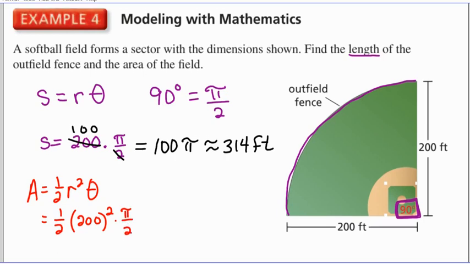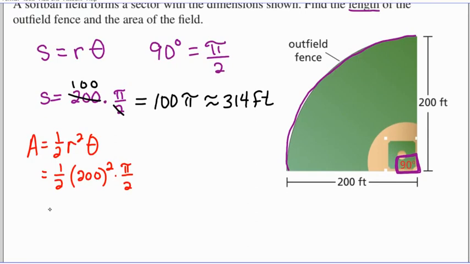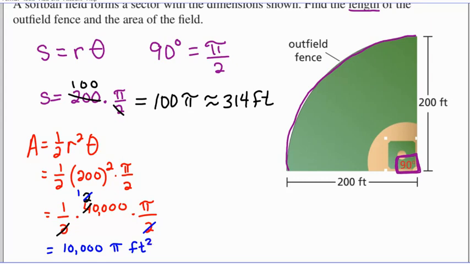If I simplify that just a bit, that is 1/2 times 40,000 times pi over 2. 2 reduces that, and 2 reduces that even more. So this is going to be 10,000 pi, and that's feet squared. If I know that pi is 3.1415926, and so on, I could write this in units not using pi.